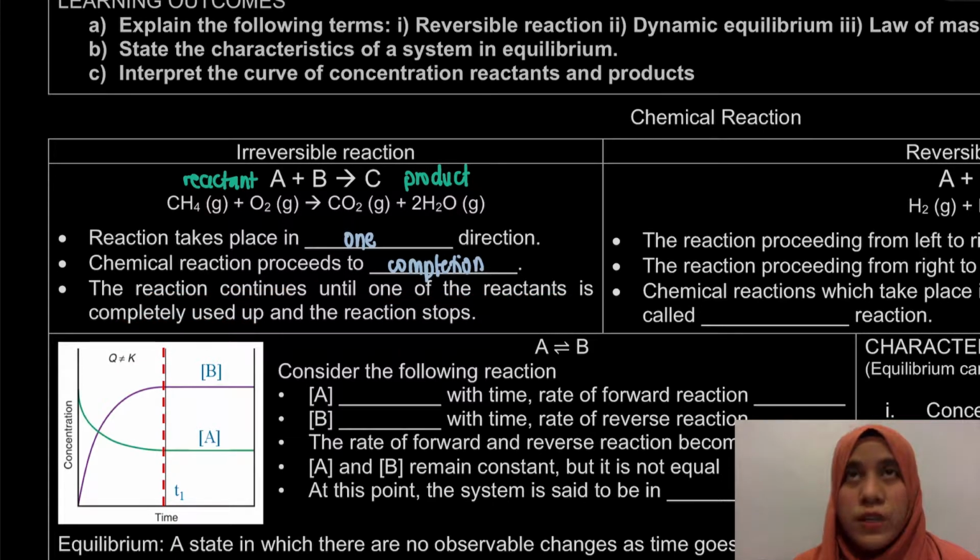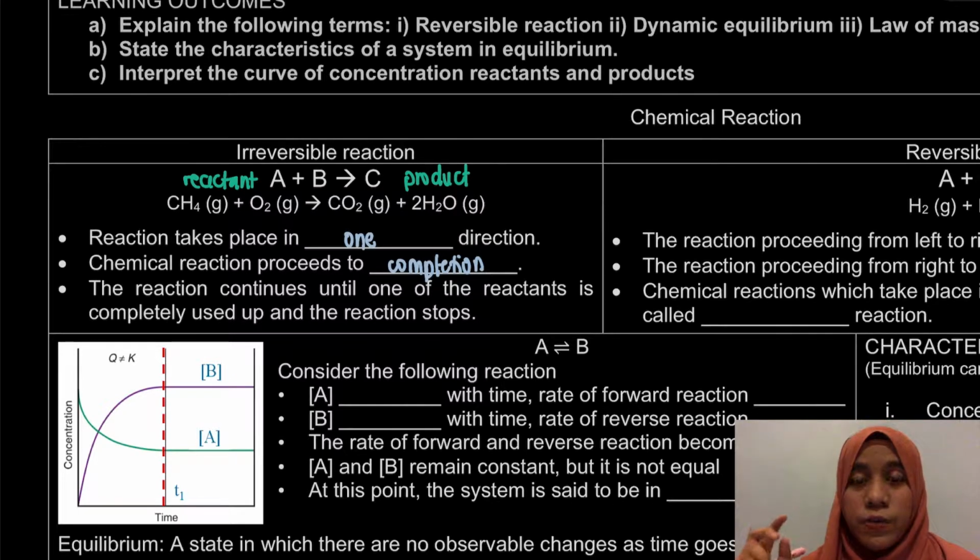Once the limiting reactant is completely used up, it means we do not have any more of that reactant. So even though O2 is our excess reactant and we have plenty of O2 left, for the reaction to proceed we need both reactants. Because one of them is finished, the reaction will stop. So that is for irreversible reaction.